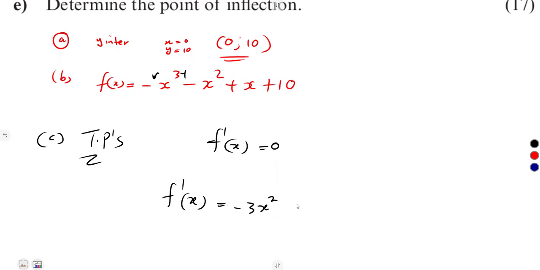Negative 2x is going to be x to the exponent of 1, which is x. For a linear term like this, you take the coefficient of x, which is 1. A constant, its derivative is 0. So this is our first derivative.